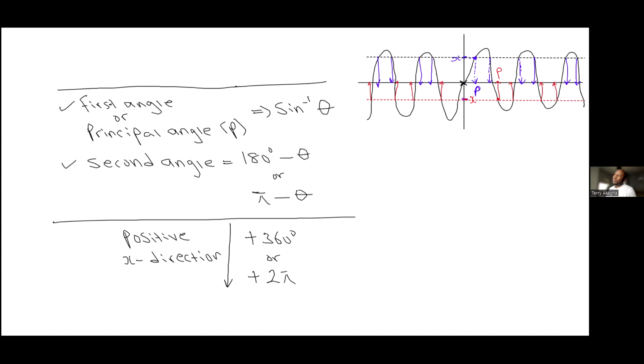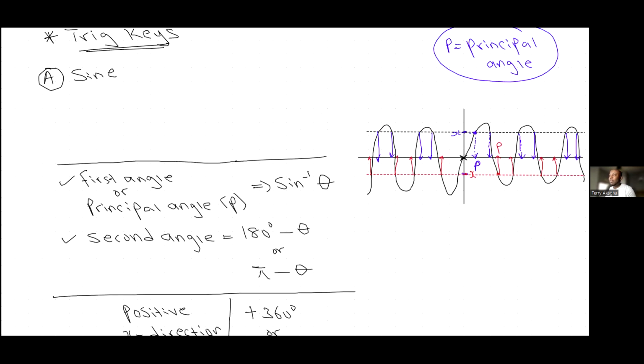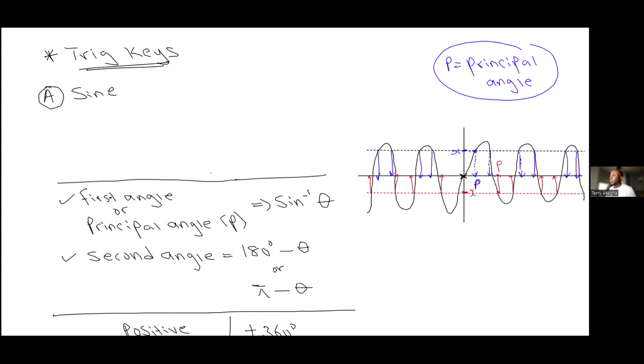So if you're working in degrees, you'll be adding 360 degrees. But if you're working in radians, you add 2 pi radians. Now, the same thing if you're going in the negative x direction. Let's assume you're getting all the positive solutions in the negative x direction.